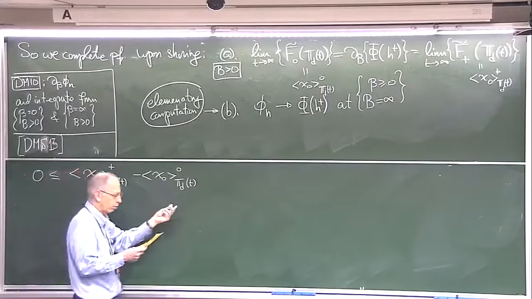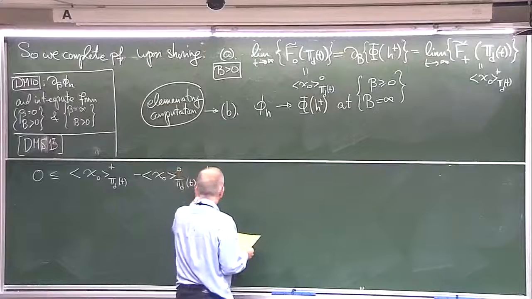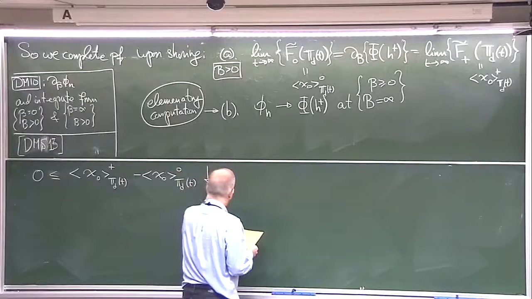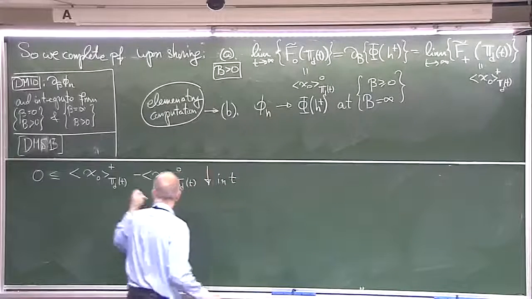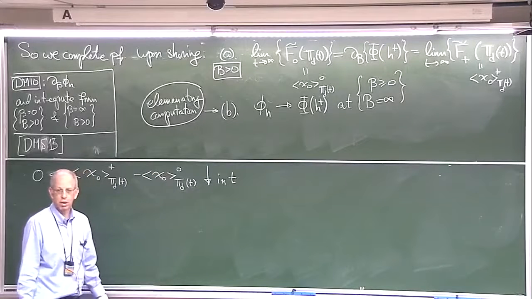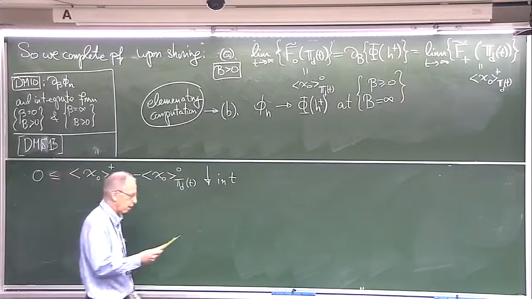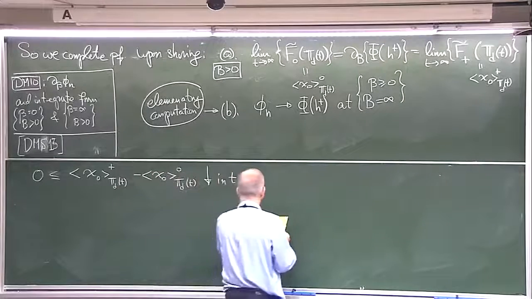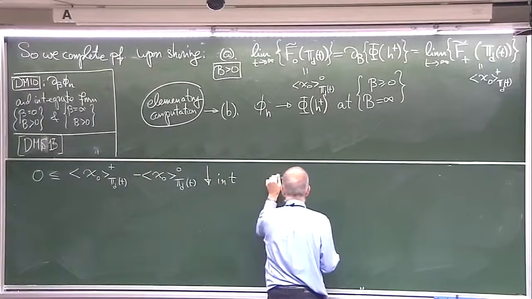We also know that this will go down in t, because this guy goes down and this guy goes up. What we don't know is whether it goes down to 0. So the claim is that this goes down to 0.